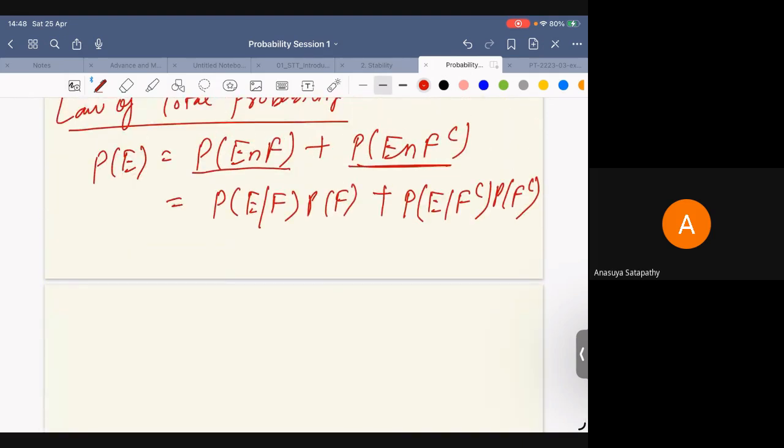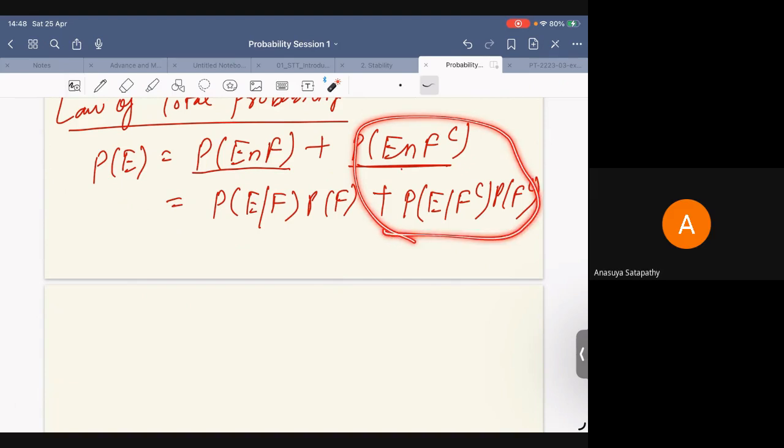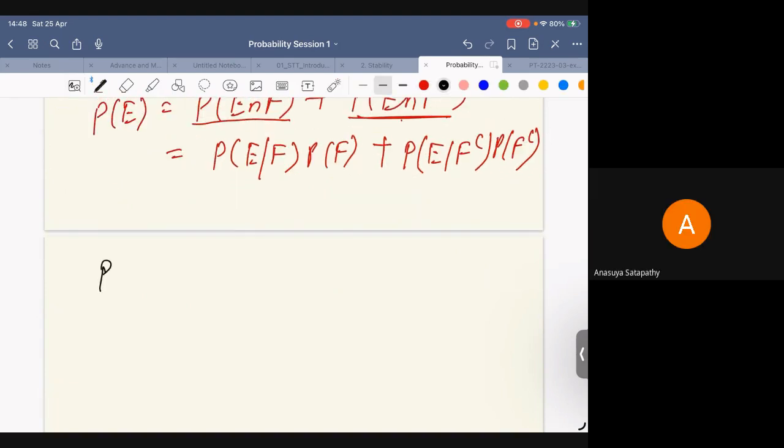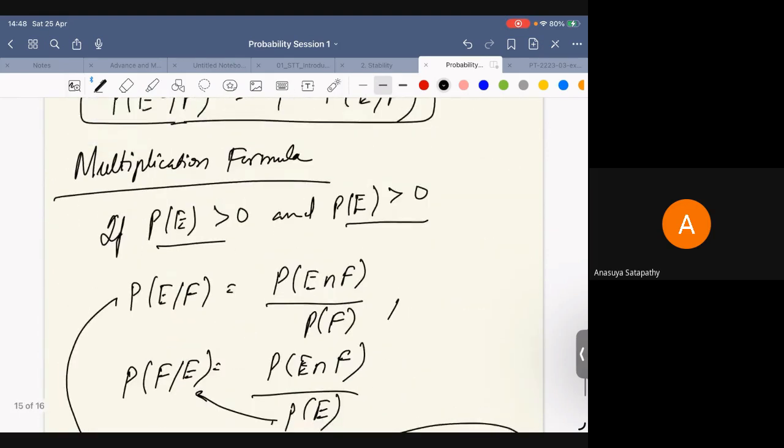Did you understand this part? For example, what do you write for P of E given F? Apply the multiplication rule. Just now I taught the multiplication formula, these two formulas.